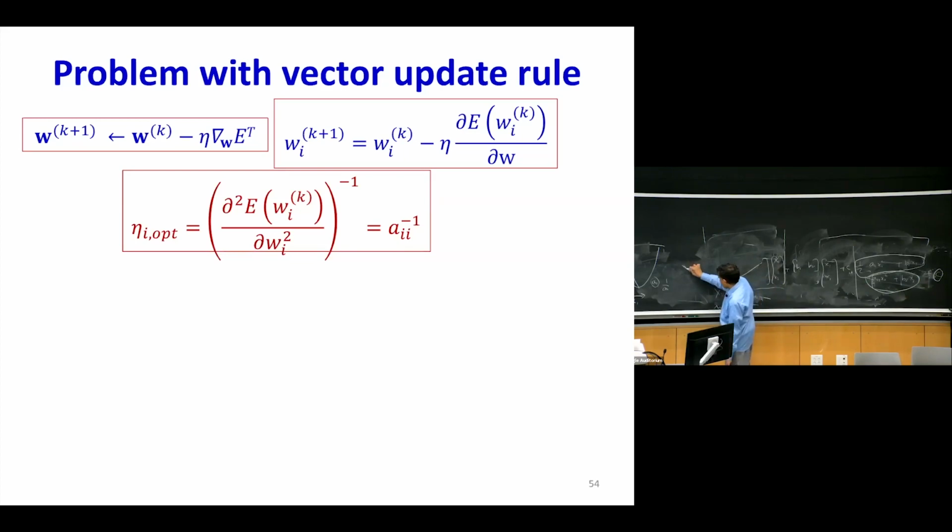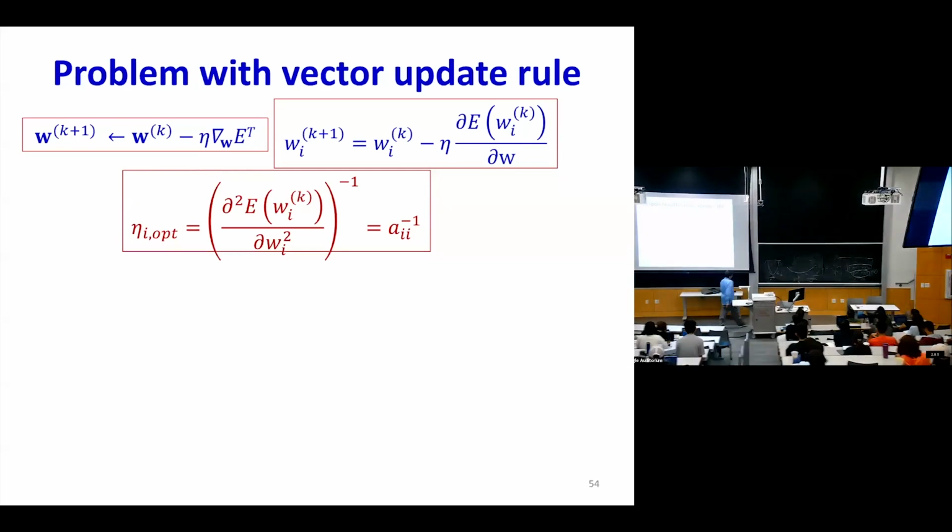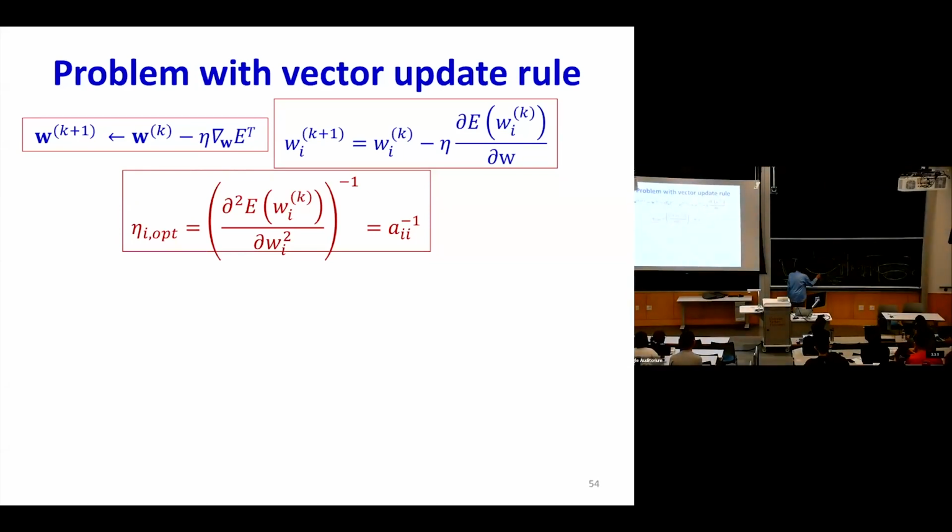I'm going to be crawling to the answer, correct? So suppose I want it to be faster, and I don't want it to crawl to the answer for A22. What is the optimal step size for the second variable? 1 over A22. So 1 over A22 will get me to the answer here in one shot.